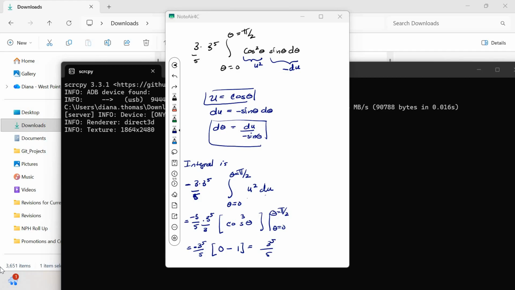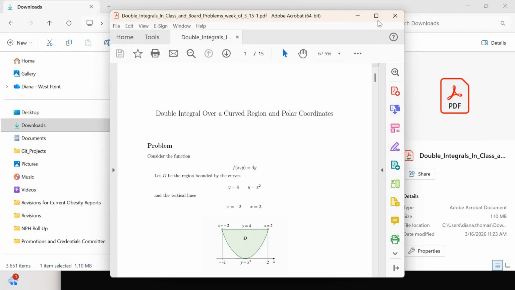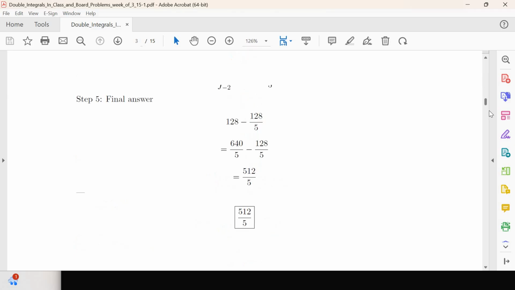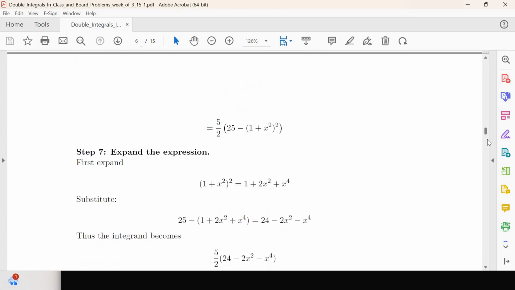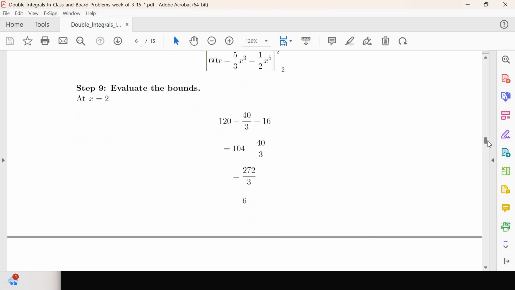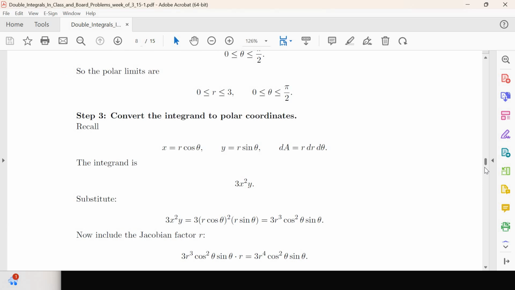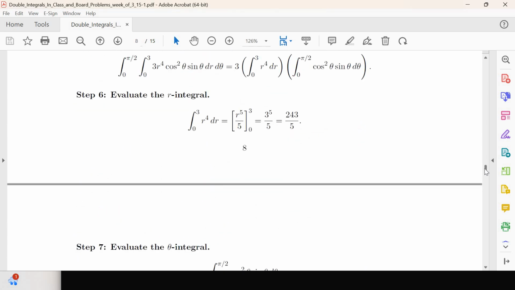I can tell you what it is because I did it. I get 243 over 5. So this should be 243 over 5.